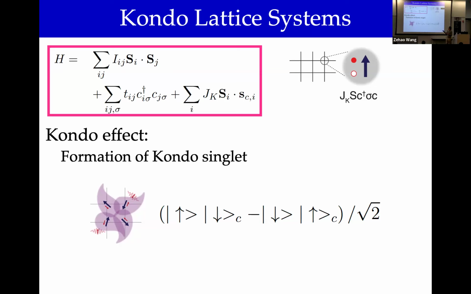So you can consider these as the f electrons, which end up being localized. And if they are localized, they would be spins.